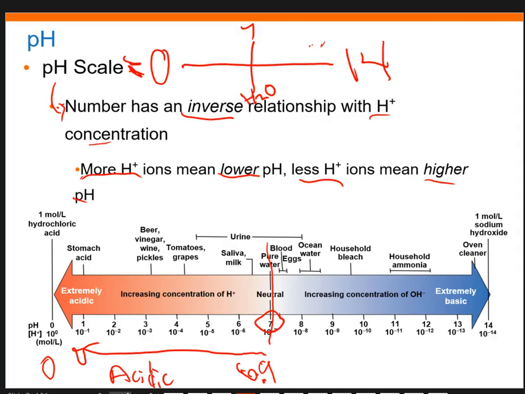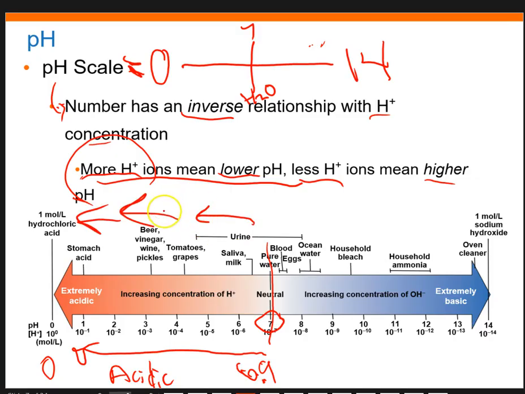That is an acidic pH, less than 7. And the lower the number, the more hydrogen ions. So as we move this way on the pH scale, we get more and more hydrogen ions. The more hydrogen ions, the more acidic, the lower the number on the pH scale.